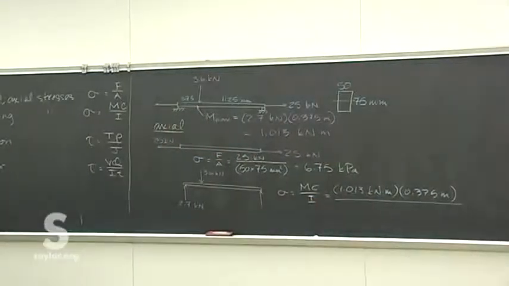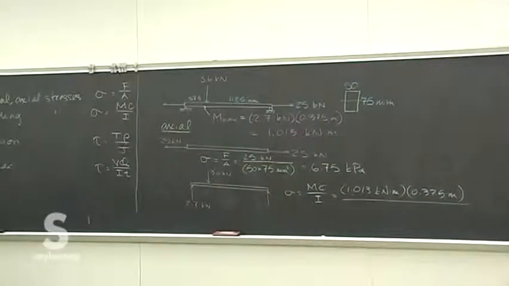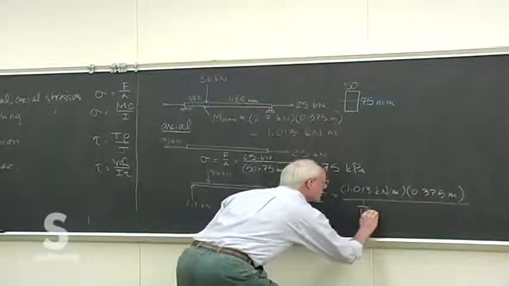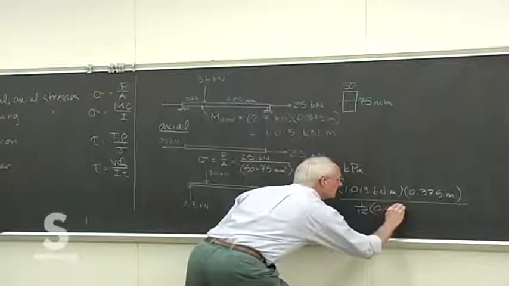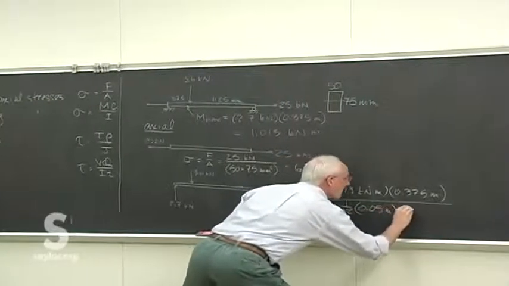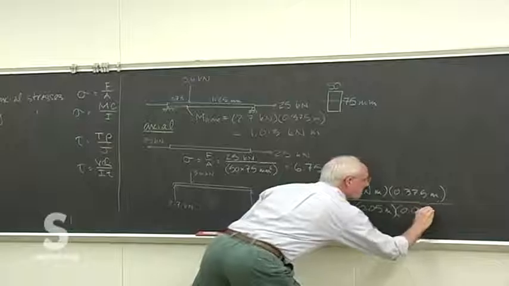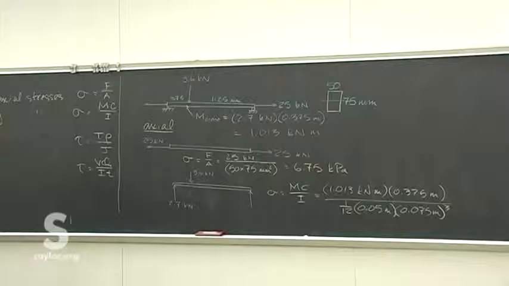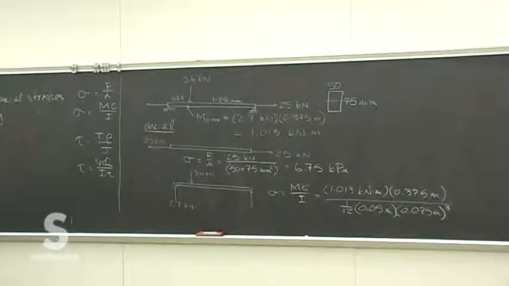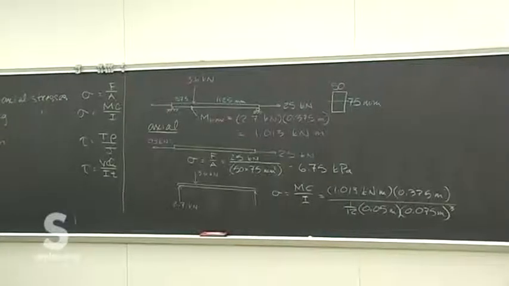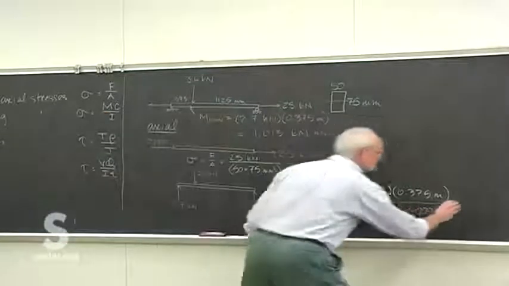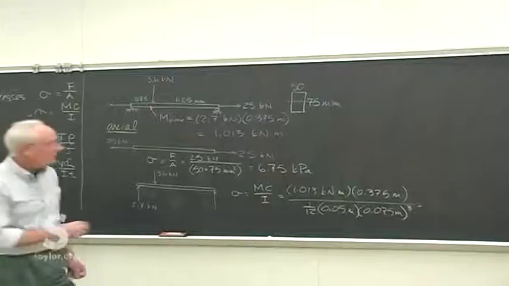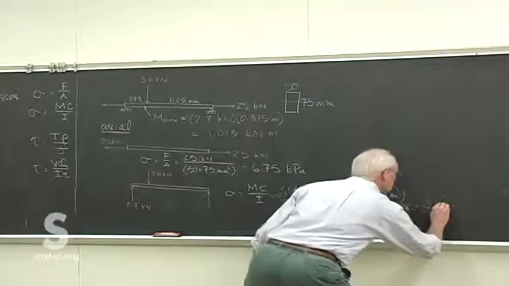And what's I for a rectangular cross section, do you remember? 1/12 b h cubed. Now that's just the bending stress, remember? That comes out to be 21.6 megapascals.